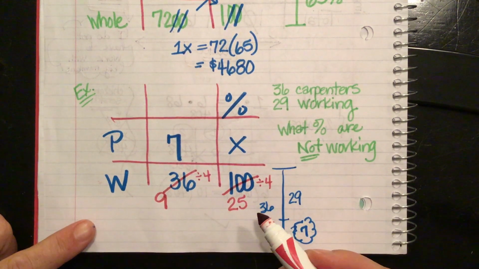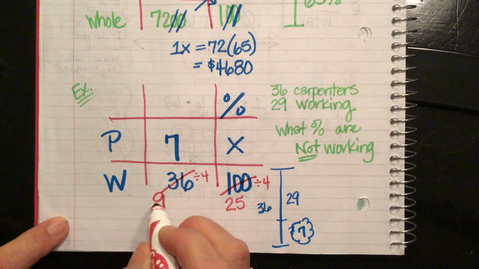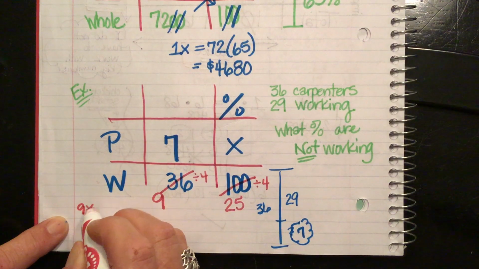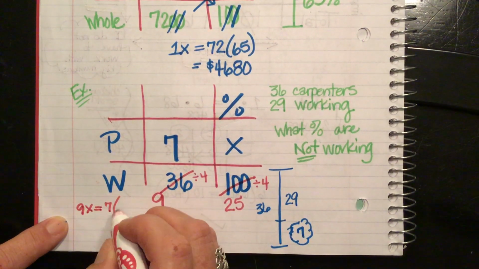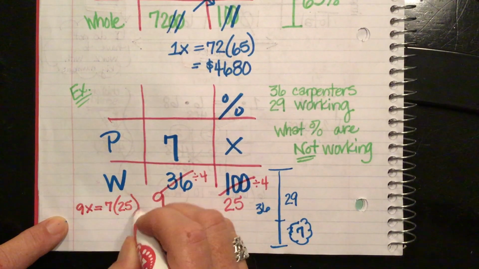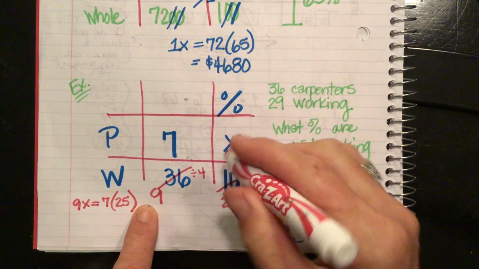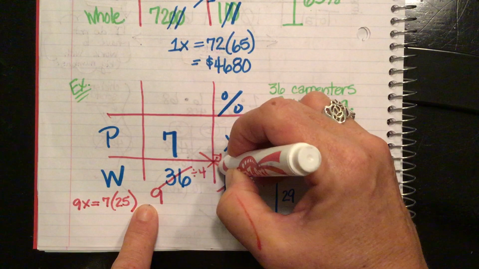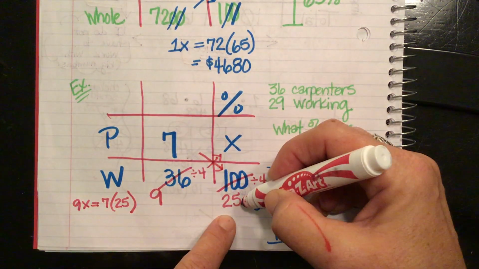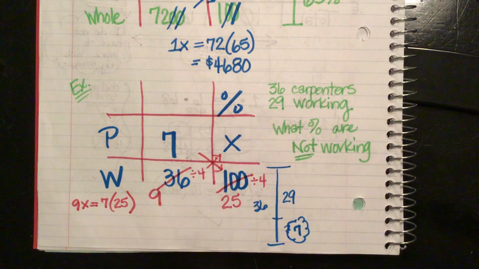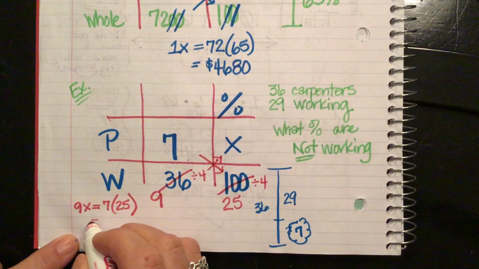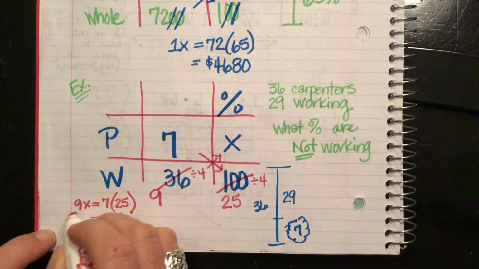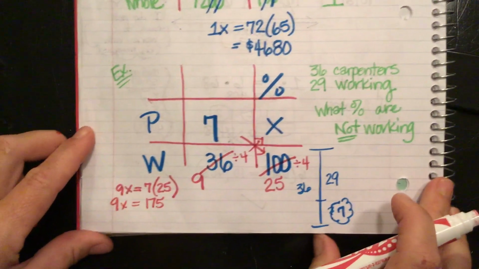No. So now what I'm going to do is cross multiply. So 9 times x is equal to 7 times 25. So 9 times your x and 7 times 25. Okay? So 7 times 25, that's right, 175, and you have 9x.